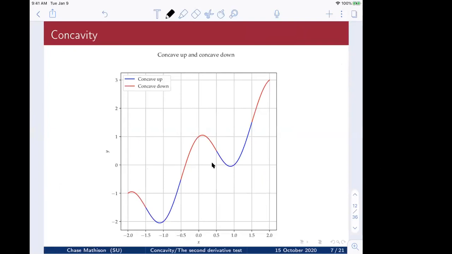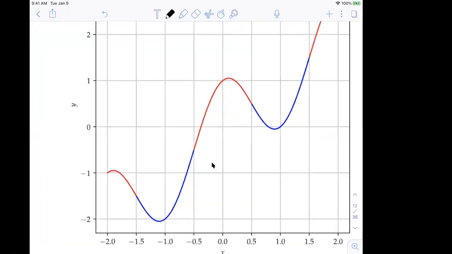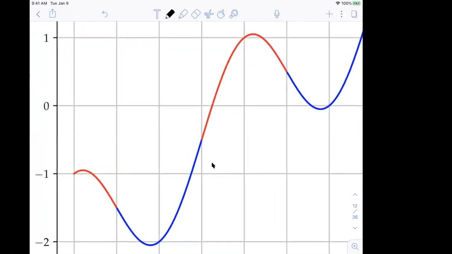Okay, so here's the graph of a function. I've marked in blue where it's concave up and in red where it's concave down. If we look here where it's concave down, there's a tangent line at this point, and the first derivative is the slope of this tangent line.